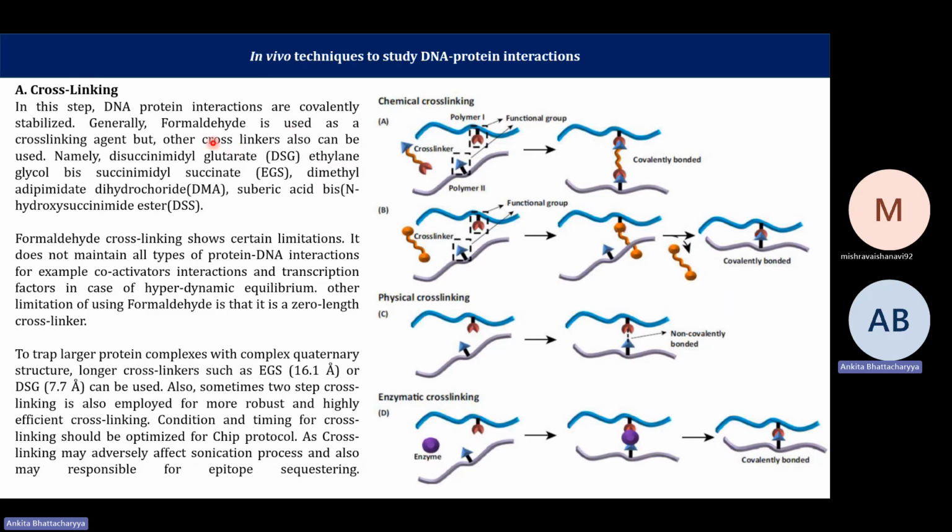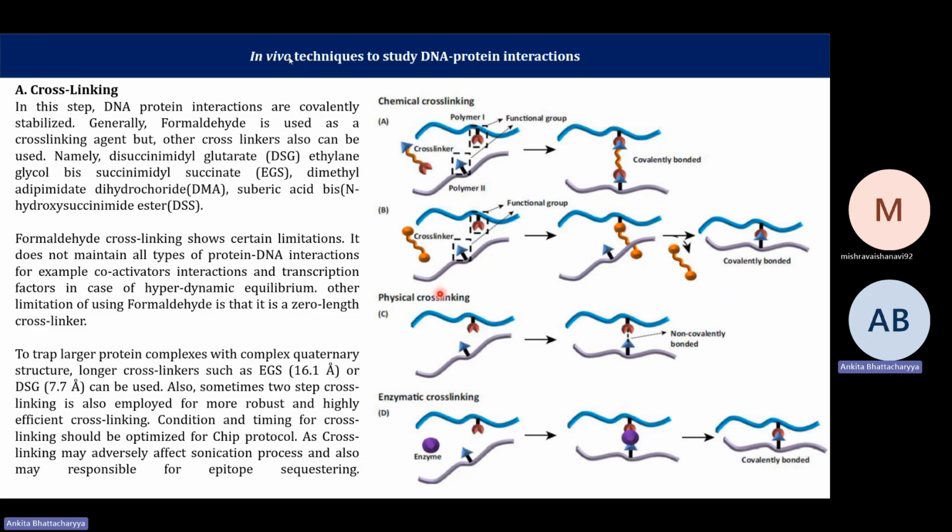Most commonly, you will find formaldehyde, like I already mentioned. But there are many other cross-linkers as well, like DSG, EGS, DMA, and NDSS. Most commonly, I think you would find NDSS being used in labs, but depending on the optimization of your technique, you can choose any of them.